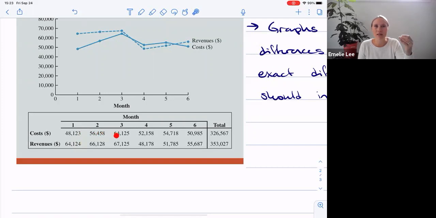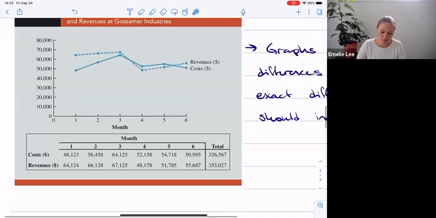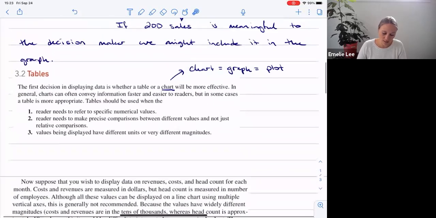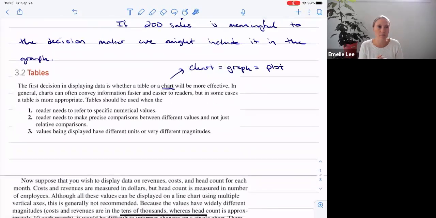That's a lot of work that your brain has to do, and it's not obvious. 56 to 66, okay, I still made money. 64 to 67, I made money, but less money. 52 to 48, hold up, no, that's bad, right? And so we can do it. It's just easier with the graph. So that's how we decide what's more effective. Both of them do it.